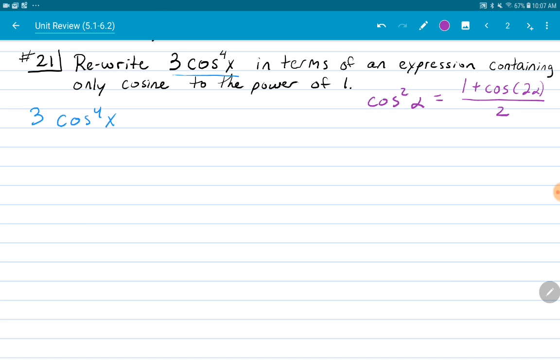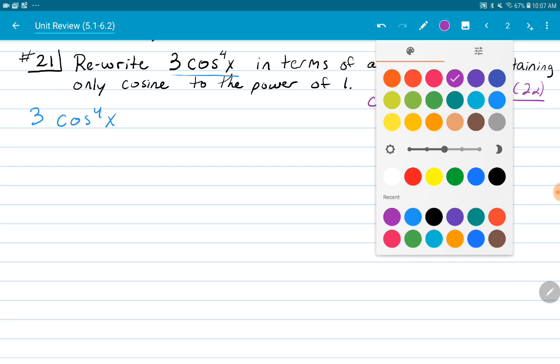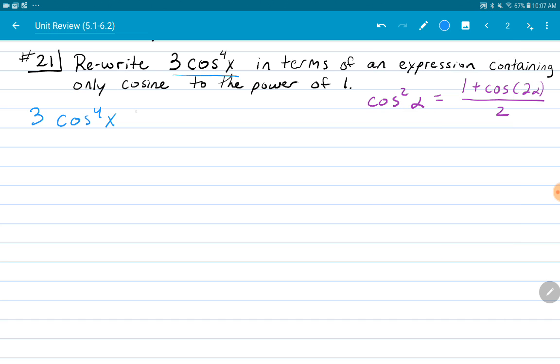So I'm going to apply that here, but you'll notice my identity has squared and this one has the fourth power. And I need to get squared. So what I'm going to do is split that up into 3 times cosine squared x times cosine squared x. So now I have 2 squares. And then my next step, I'm going to substitute in that formula for each of them.